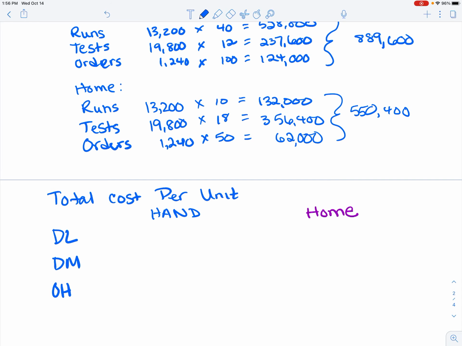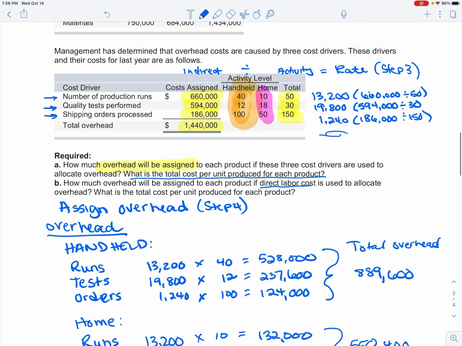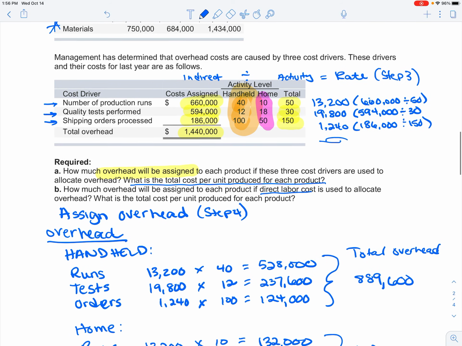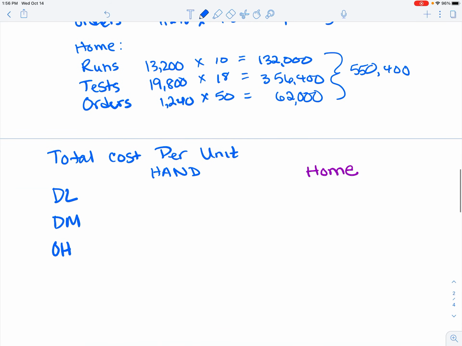Under the direct labor, we have to go back to this problem and we see here's our direct labor costs and our material costs. I'm going to bring those numbers down. My direct labor was 1,160,400.